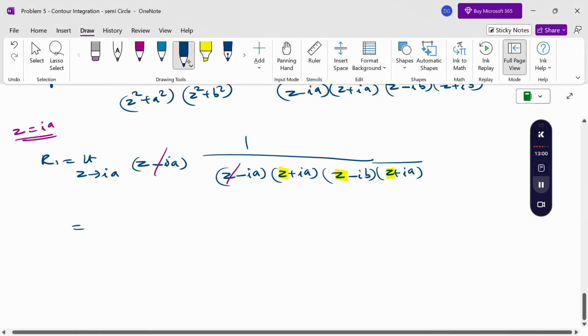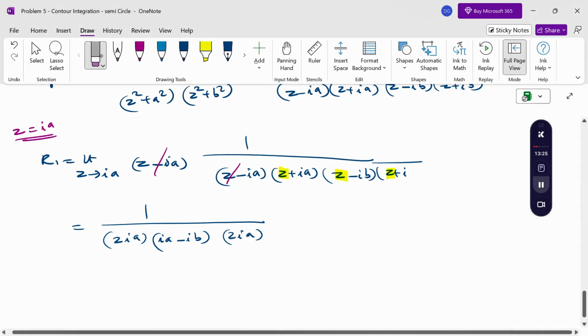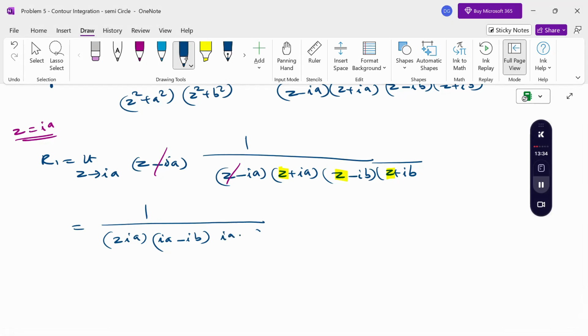Therefore when I substitute, we get 2ia, ia minus ib, and ia plus ib.